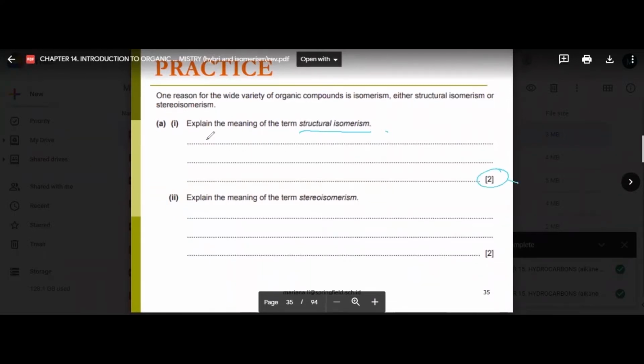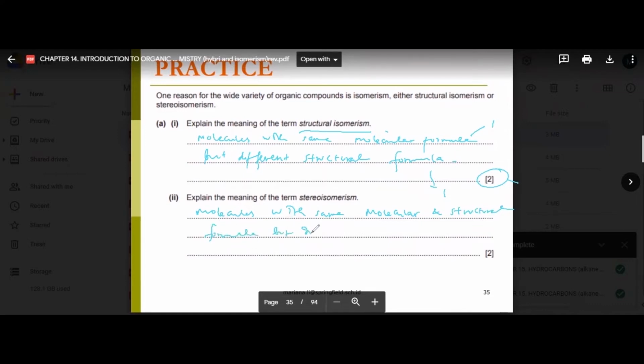First one, if you state that the molecules have the same molecular formula but different structural formula, this is one point. Stereoisomerism: molecules with the same molecular and structural formula but different arrangement of atoms in space.